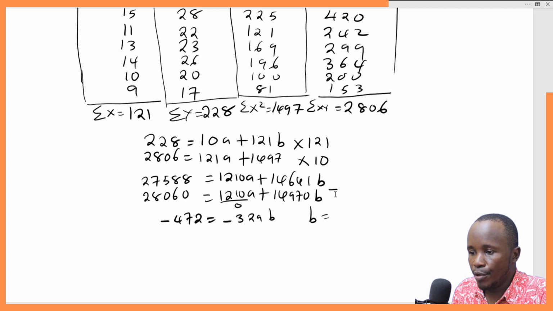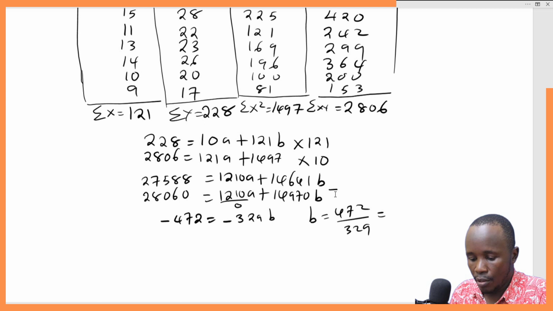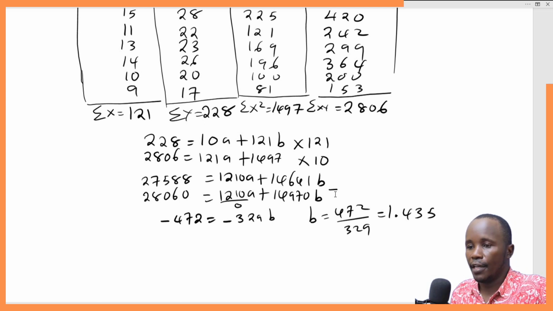So my b will be 472 divided by 329, because negative divided by negative is positive. This gives me 1.435 to 4 significant figures.